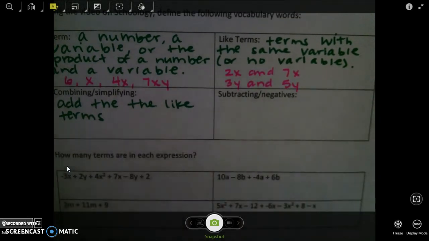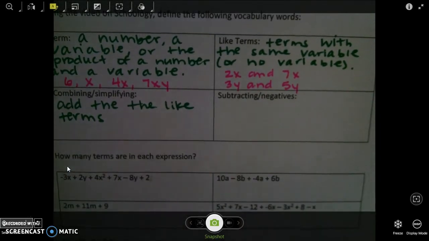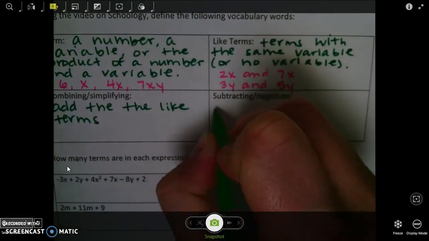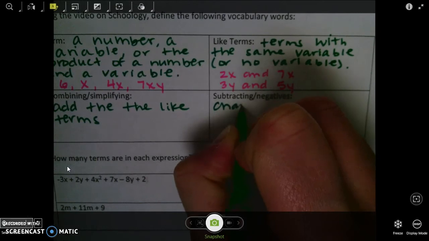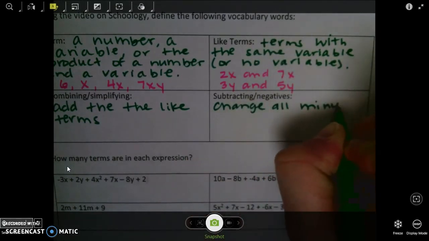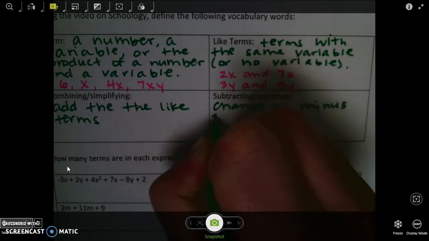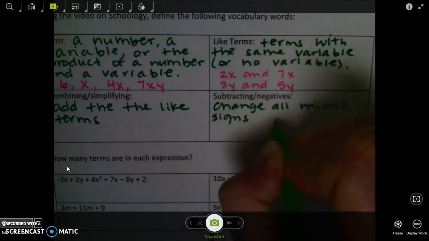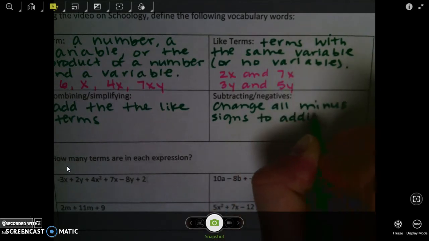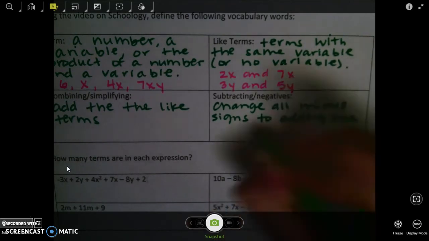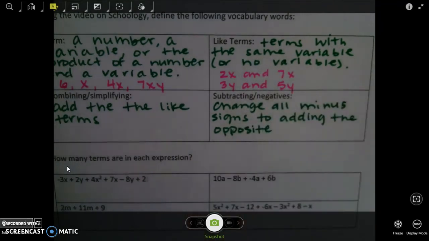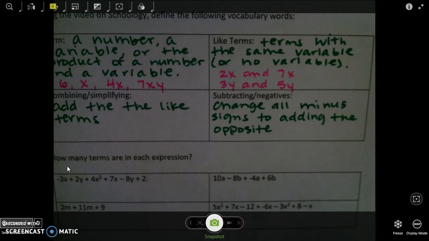So first of all, a subtraction and a negative sign mean the same thing. So when you see a subtraction sign, you're going to change all minus signs to adding the opposite. And we'll do some examples of that down below as well.